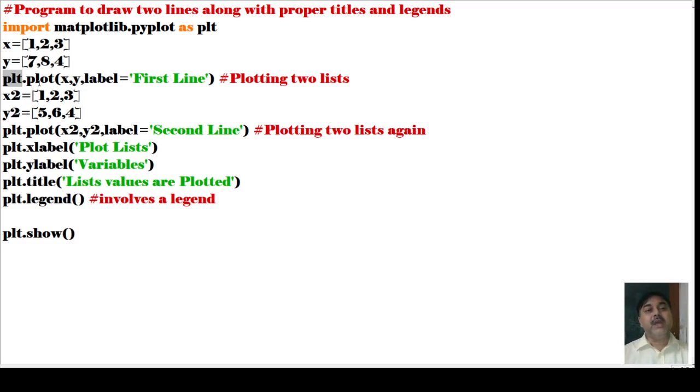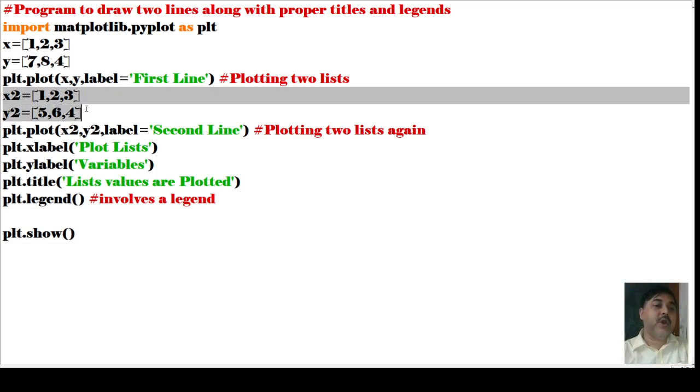Then you can see that another group has been created. What is that? x2 and y2. In this group some values have also been taken. What are the values? 1, 2 and 3, isn't it? And y2 has been taken as 5, 6 and 4.